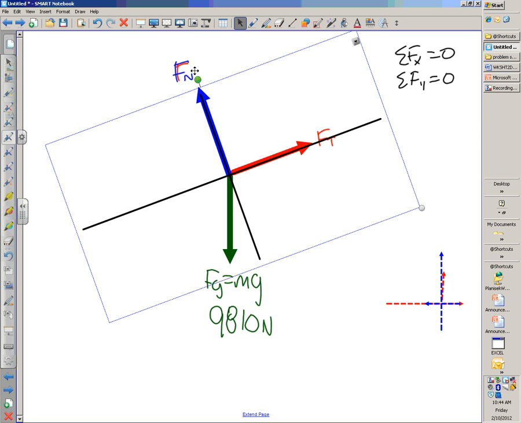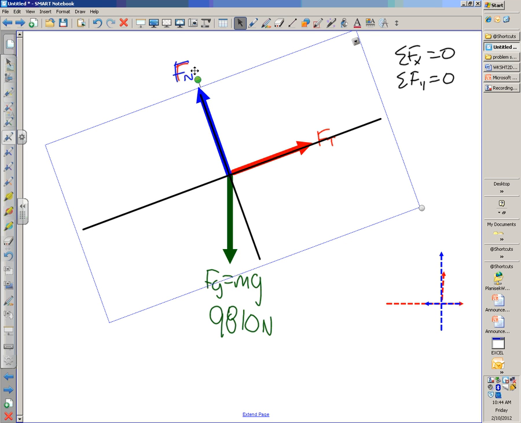I've now made the y-axis perpendicular to the ramp, or the inclined plane in this problem, which helps us out because now the red force, the tension force, and the blue force, the normal force, which were unknown before, which made component vectors difficult, now rest on the x-axis and the y-axis respectively. And that means they don't have components.